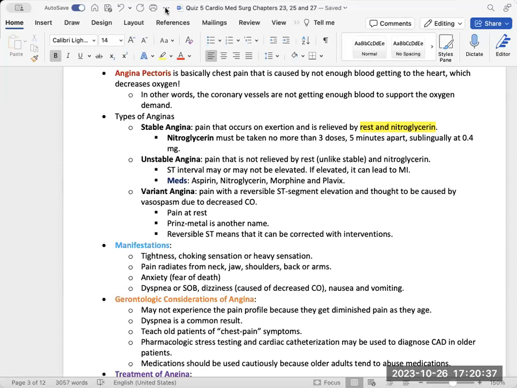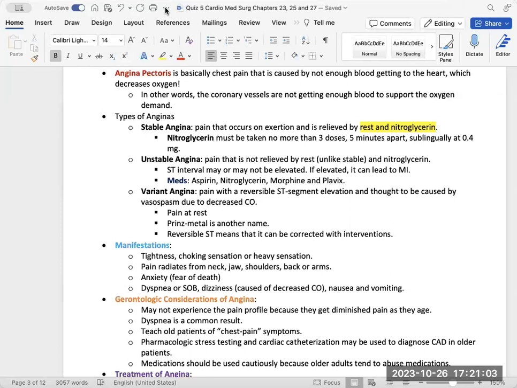So something that I was tested on in my cardiac quiz was how to administer nitroglycerin. This is very, very important. When you give nitroglycerin, you can give a maximum of 3 doses, and they have to be 5 minutes apart, and it's given sublingually, or underneath the tongue. So they keep it underneath their tongue. They don't swallow it. They don't chew it. They let it dissolve.